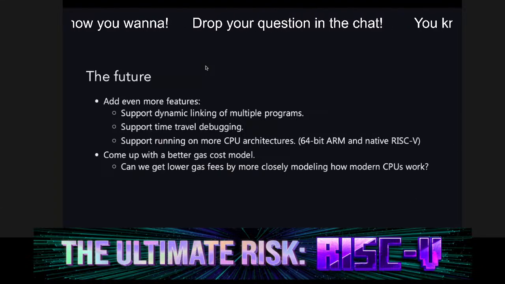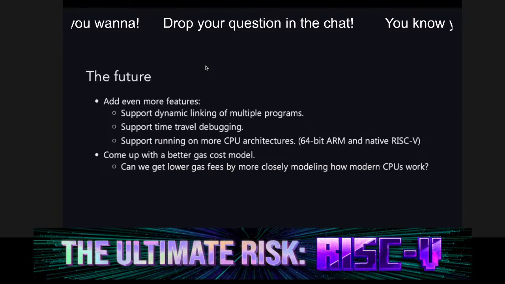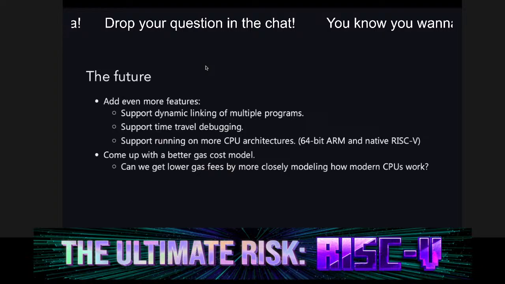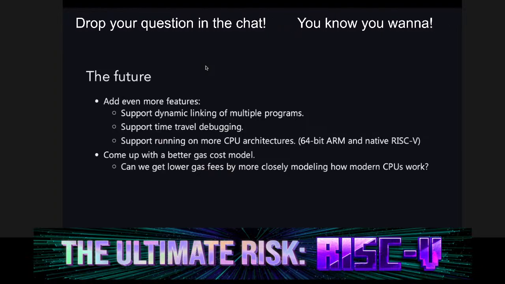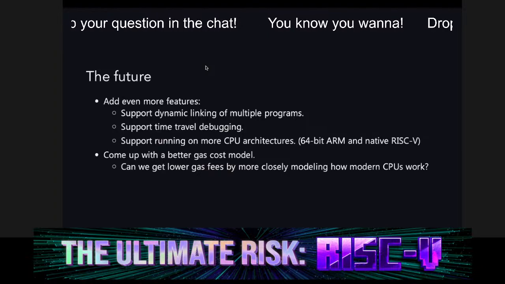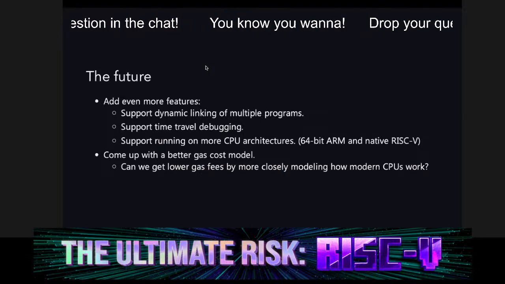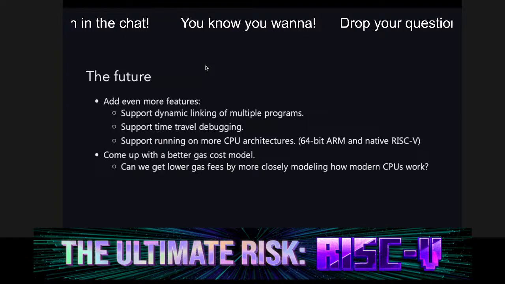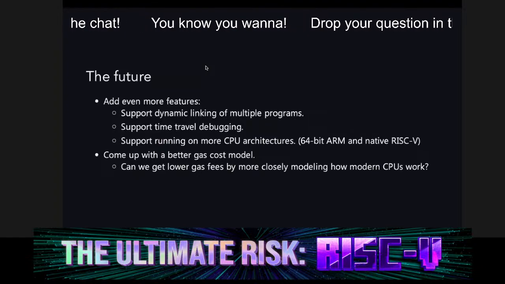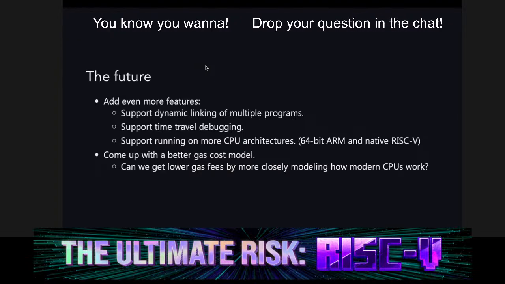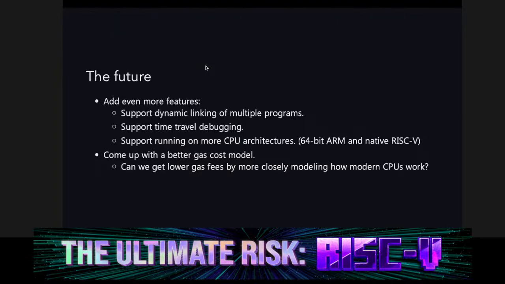We also want to do some research on coming up with better cost models for gas. So we want to figure out if we can lower the gas fees by more closely modeling how modern CPUs work, which is something we think is a worthwhile research direction.